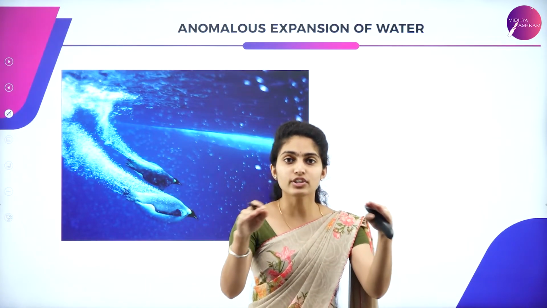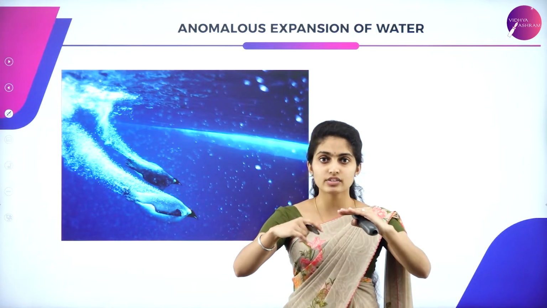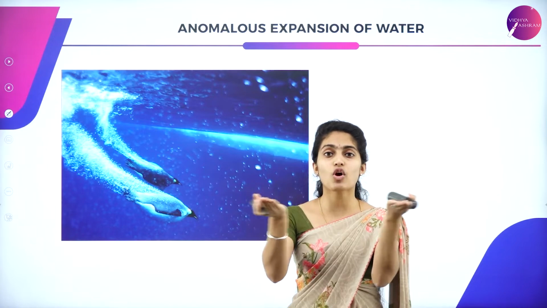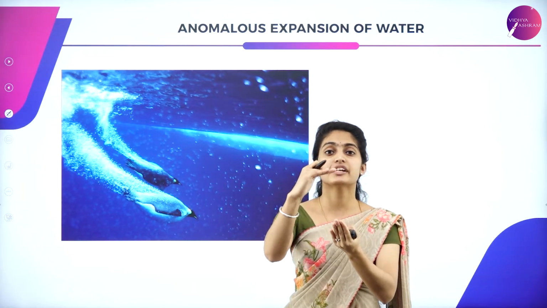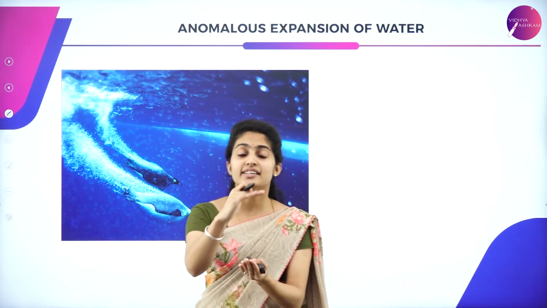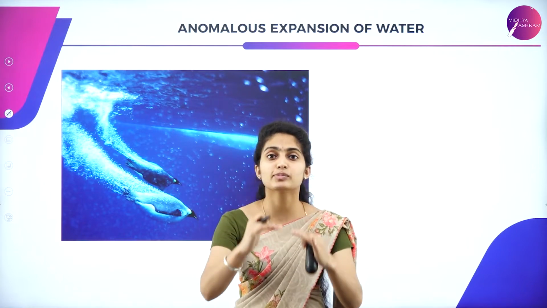The water present over the top acquires 0 to 4 degrees Celsius, and the water in the first, superficial layer has its volume decrease and density increase. When its density increases, it comes down.